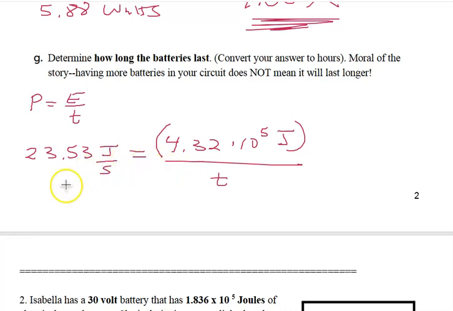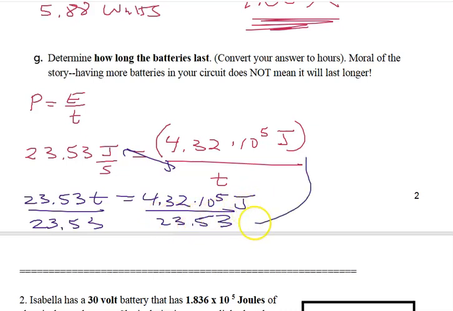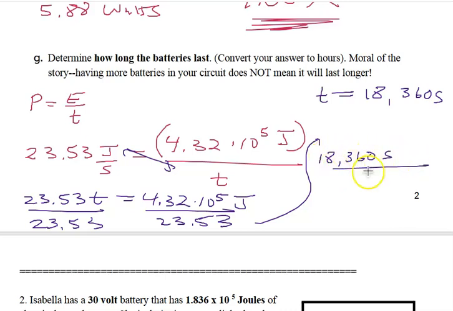So again, we're going to cross multiply and you get 23.53 T equals 4.32 times 10 to the 5 joules times 1. Divide both sides by 23.53. And you get a time of 18,360 seconds.